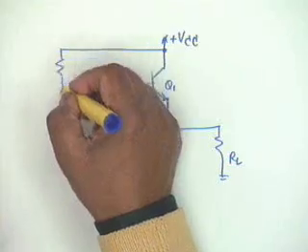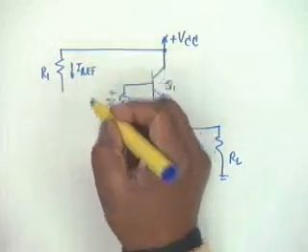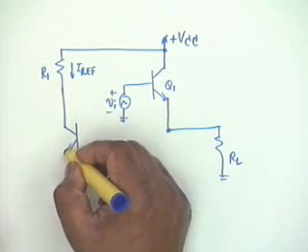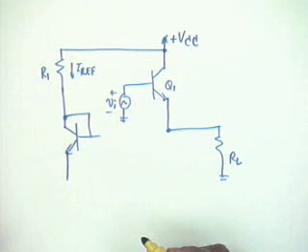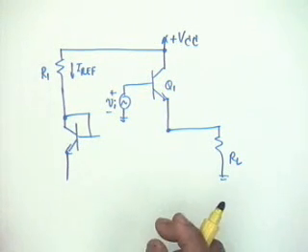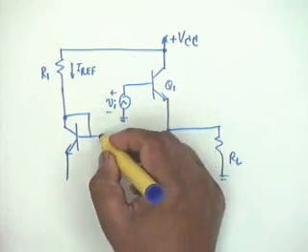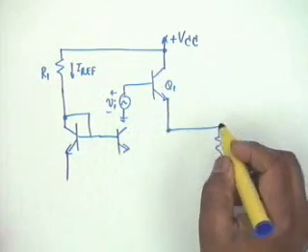So, we require a current mirror, a reference resistor R1, and this is Iref. Then you have this diode connected transistor. I am showing a simple current mirror. It could be a Widlar source also, depending on what amount of current you require. Now, this would go to another transistor, the main transistor.